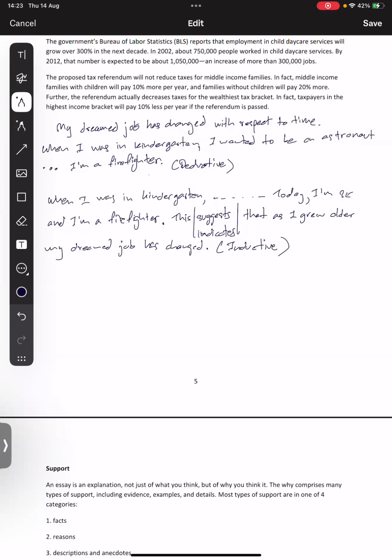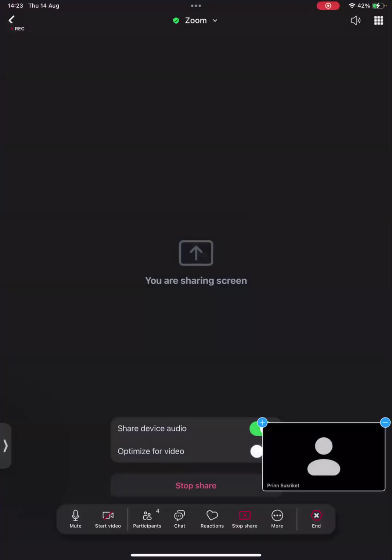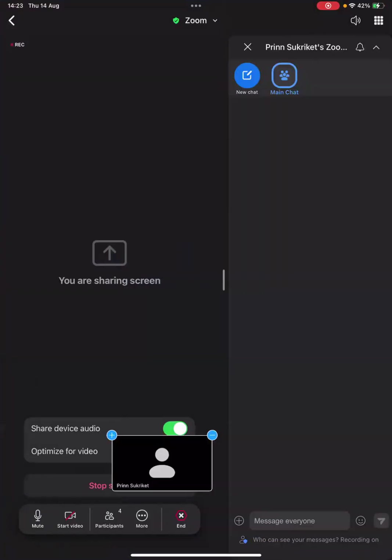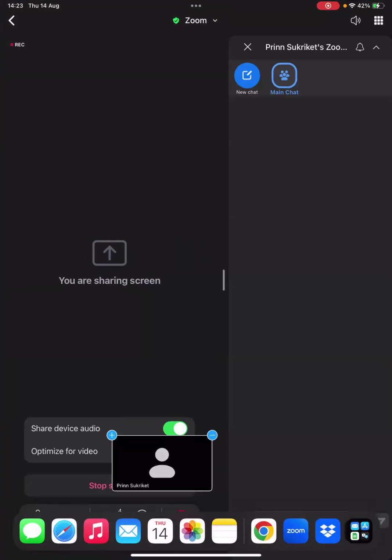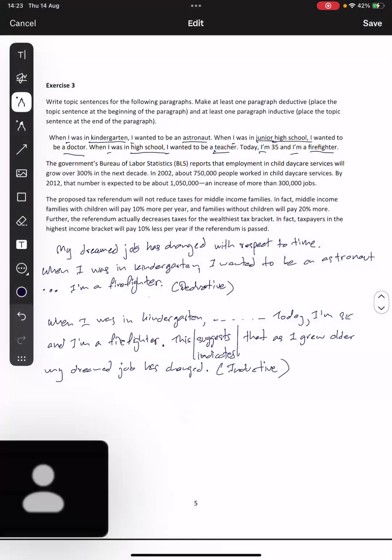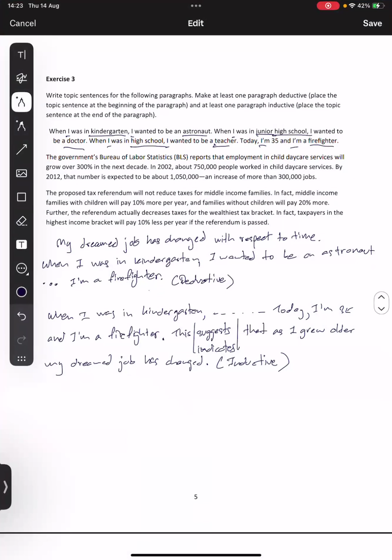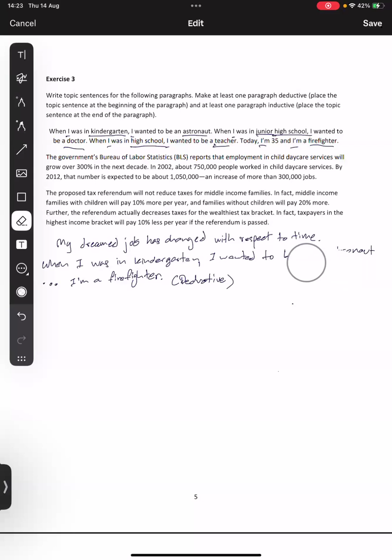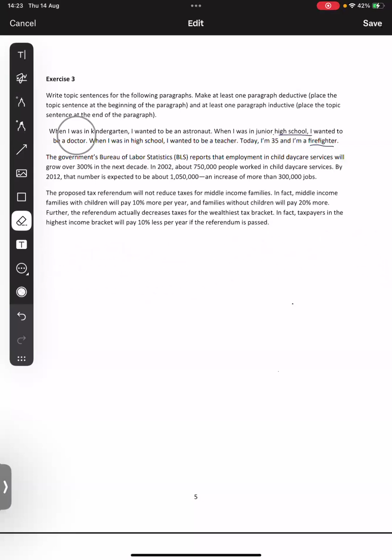All right. So you guys have any idea? Let's see what you've got. That's nothing yet, but that's okay. Well, let's see. It says here the Government's Bureau of Labor Statistics, BLS, reports that employment in child daycare services will grow over 300% in the next decade.